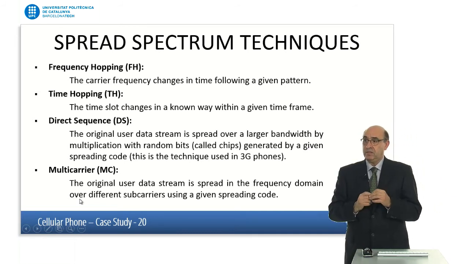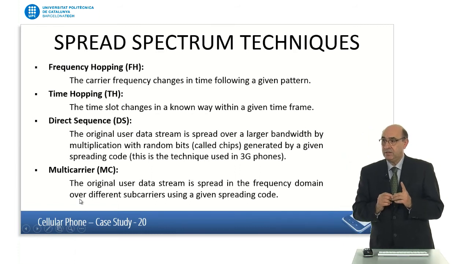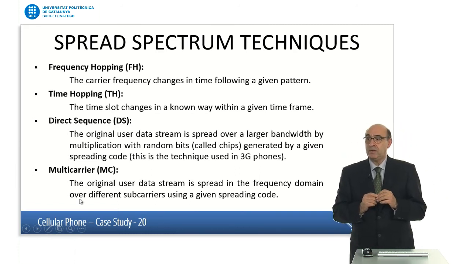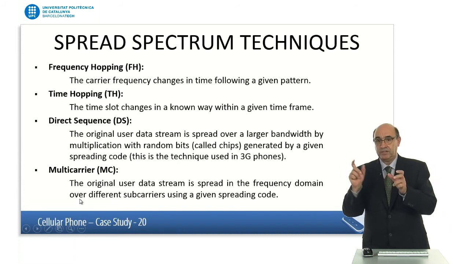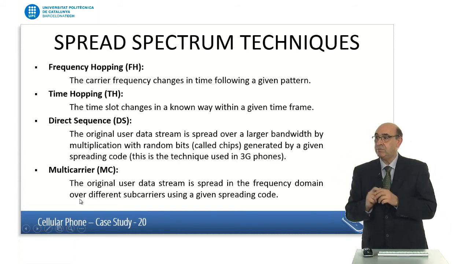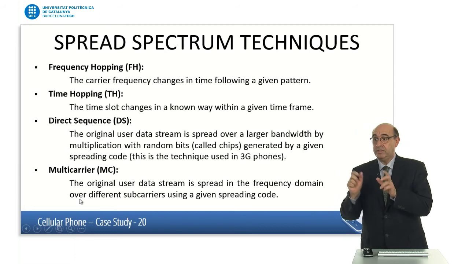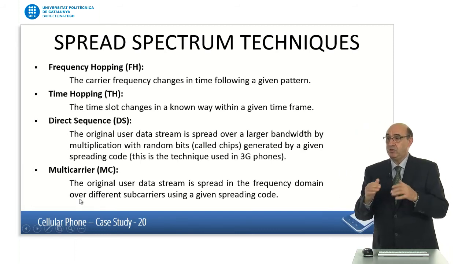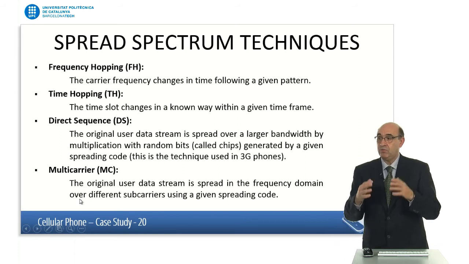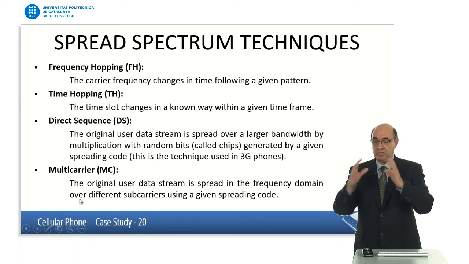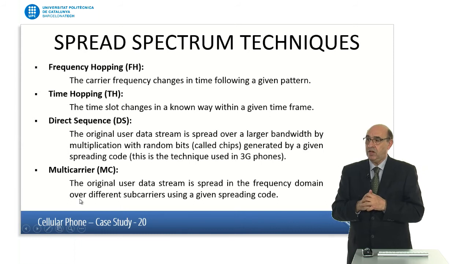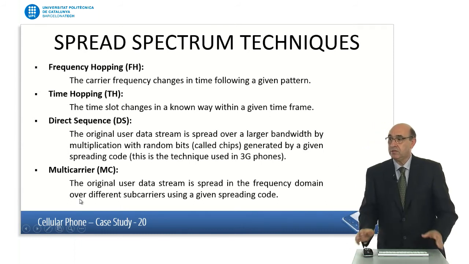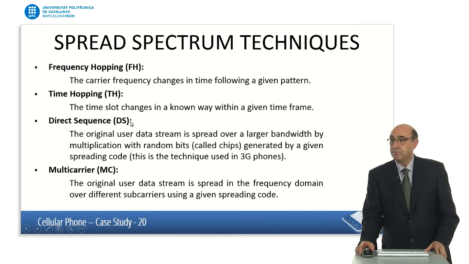There's another way in which you just now change not the frequency but the time slot. So you are just transmitting through different time slots that you know the sequence. Then there's another one in which you take your bits and you combine them with another sequence, which is just a very large number of bits. This is called direct sequence. And this is the one that is being used in 3G phones.